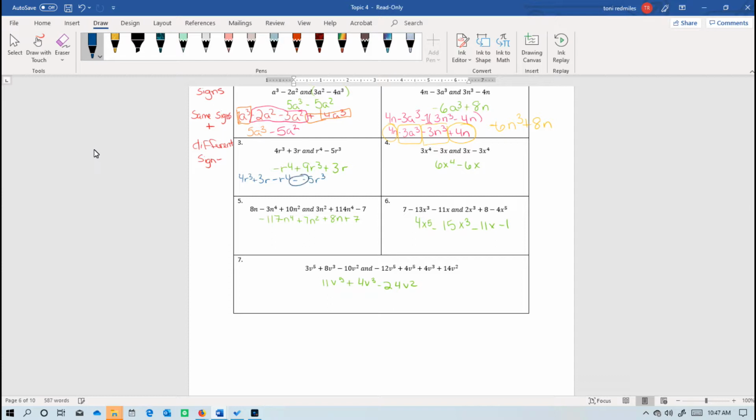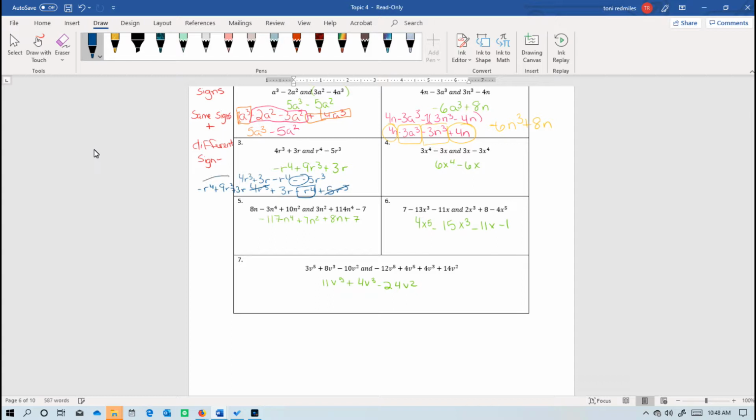Take these two signs, clean it up. Turn it to positive. My highest degree of power does not have any like terms to it, so it's just a negative r to the fourth. All right, now these two are both positive, so I just add, and that becomes a 9r to the third. And then my 3r is all by itself.